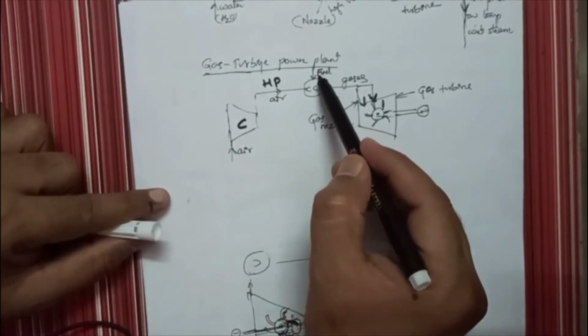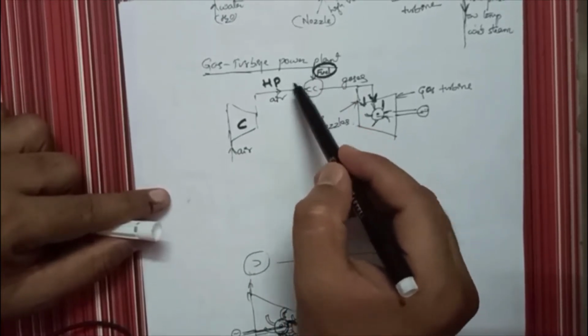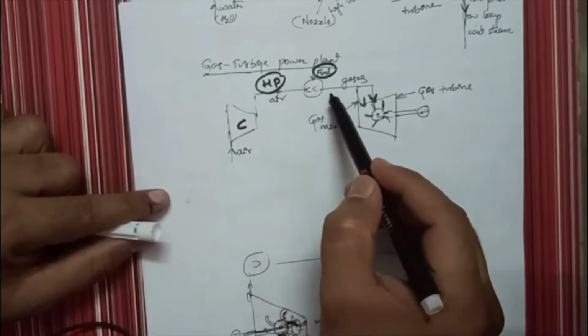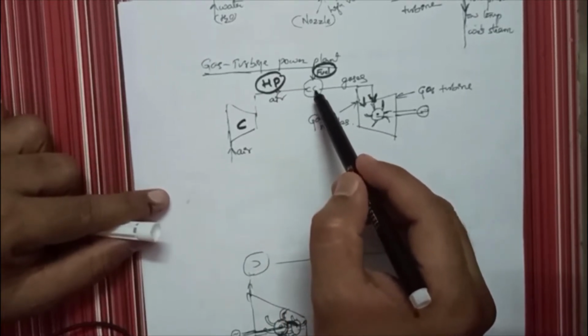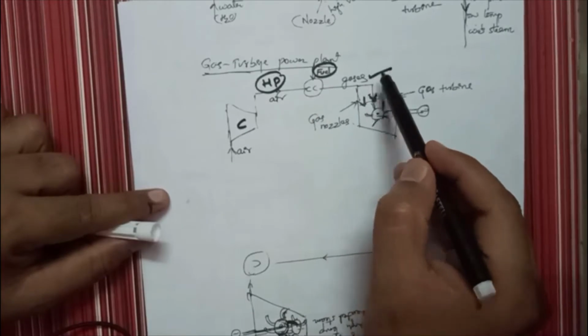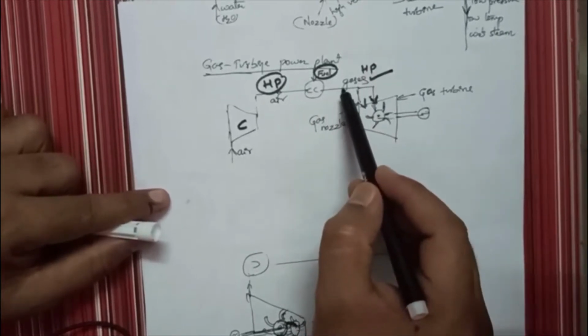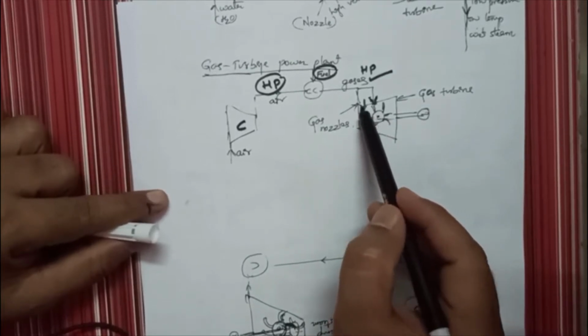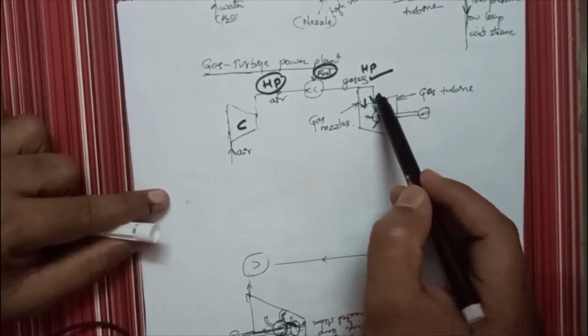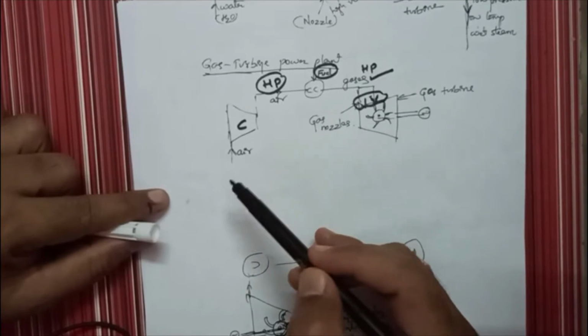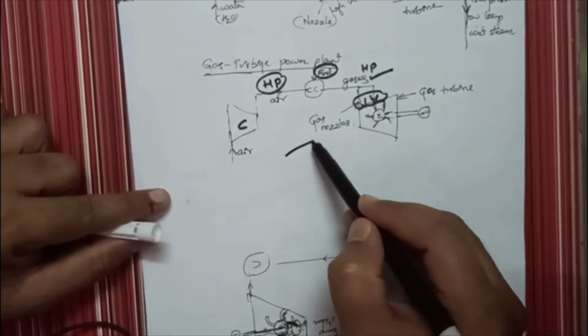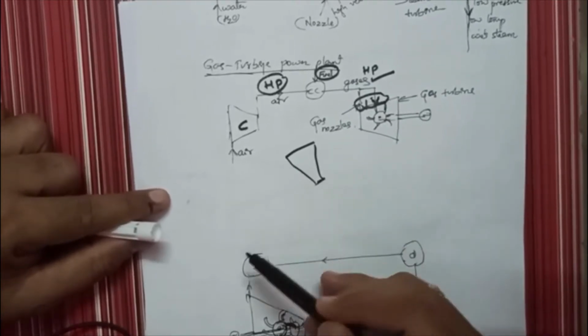Simultaneously we add the fuel here, and this fuel mixes with the high pressure air, and combustion takes place. The combustion gases are produced. These high pressure gases pass to the gas turbine. Before entering the gas turbine, they again pass through nozzles, again with some varying cross sectional area like this.